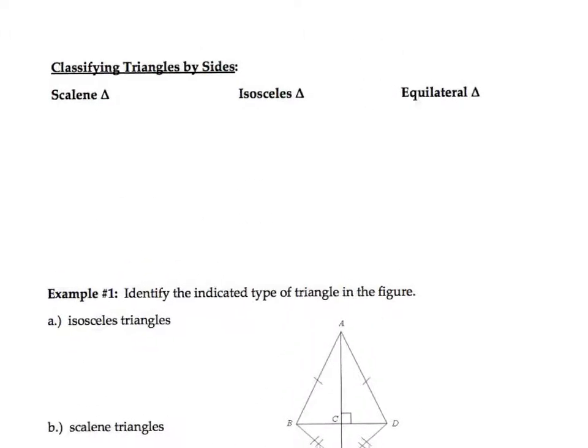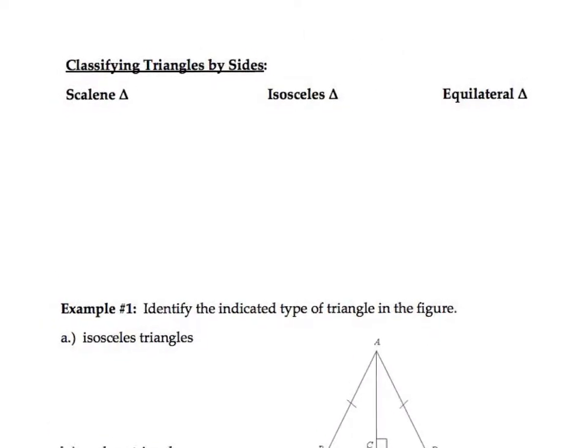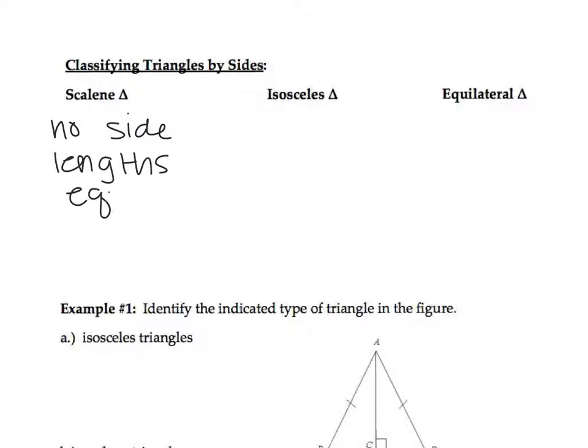We can also classify triangles by their sides. And there's only three different ways to classify a triangle by their sides. The first is a scalene triangle. A scalene triangle has no side lengths equal. So all three side lengths of your triangle are different lengths.